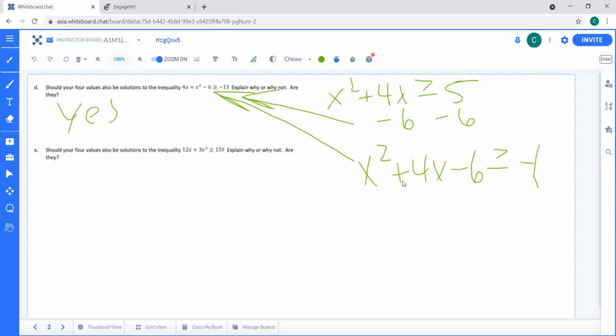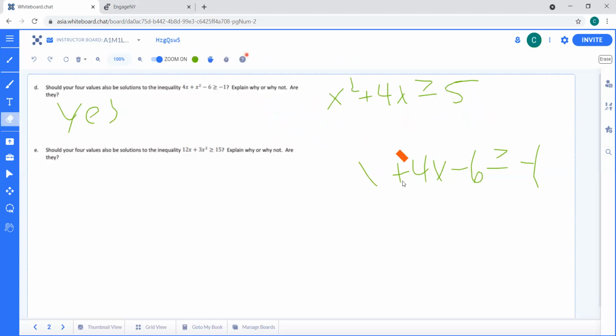All right, what about 12x plus 3x squared greater than or equal to 15? Yeah, because all they did here was multiply by 3 on both sides.